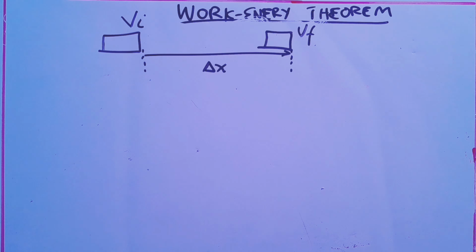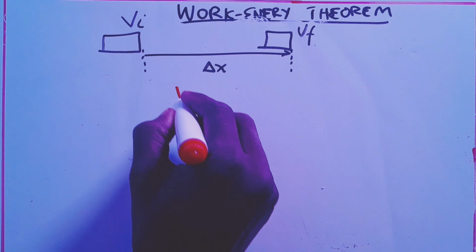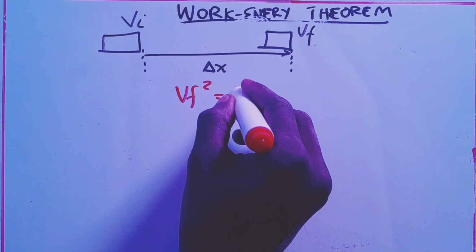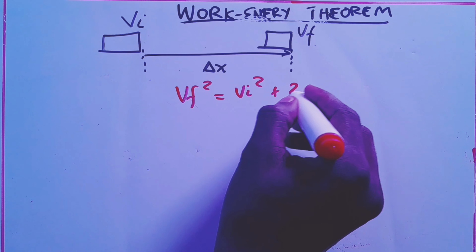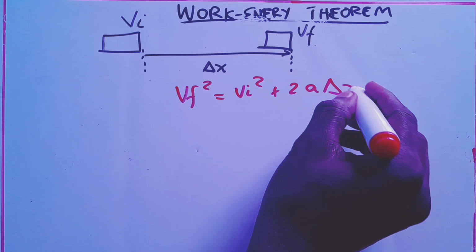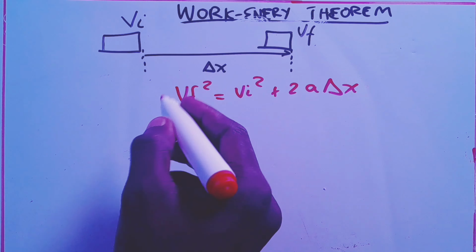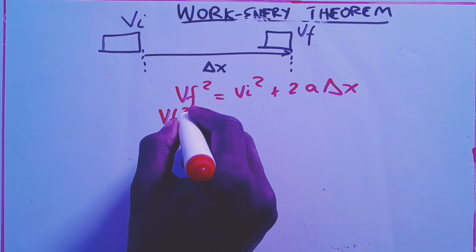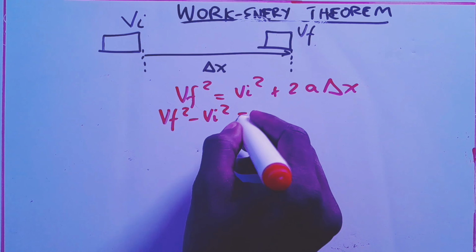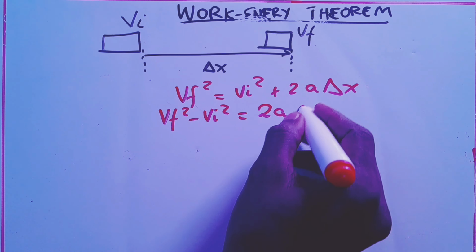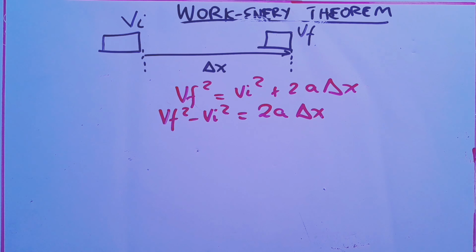So according to equations of motion, Vf squared is equal to V initial squared plus 2 acceleration and then change in displacement. If we rearrange this formula, Vf squared minus V initial squared will be equal to 2 acceleration and then change in x.